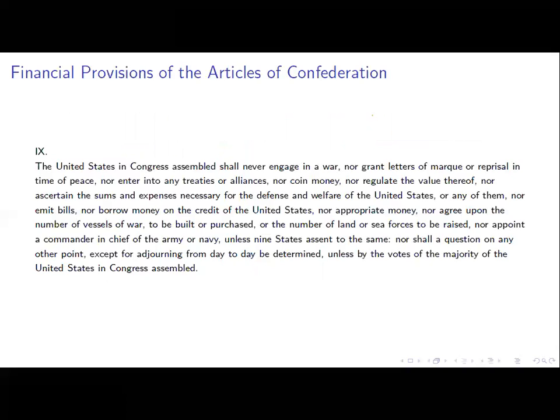Other provision, number 9, United States in Congress assembled shall never engage in a war. Notice these are all negatives. It's interesting.